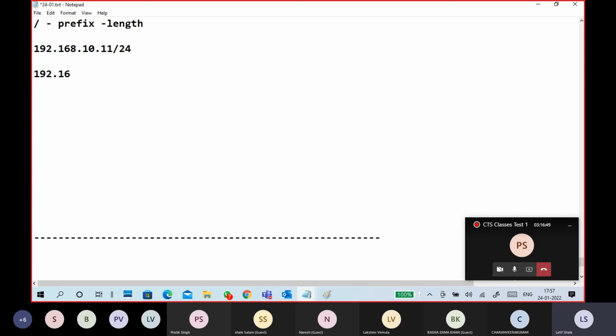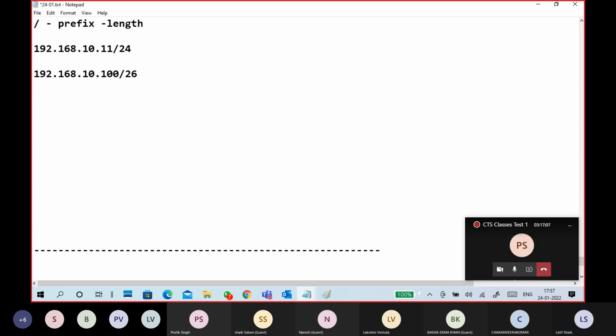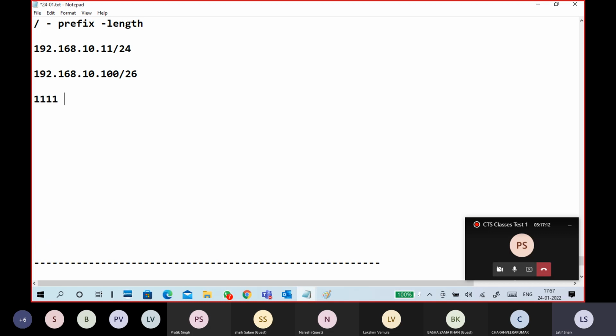So like this, 116, and maybe I will put 100 slash 26. Okay, what is the meaning? 26 ones are there, like this, 11111111 11111111 and 24 ones are finished, right?